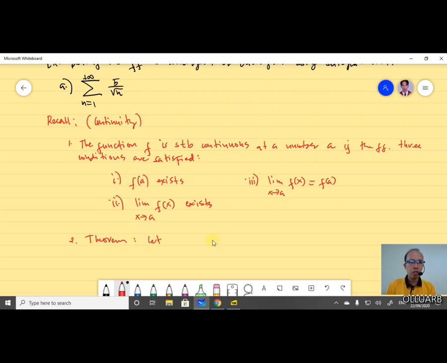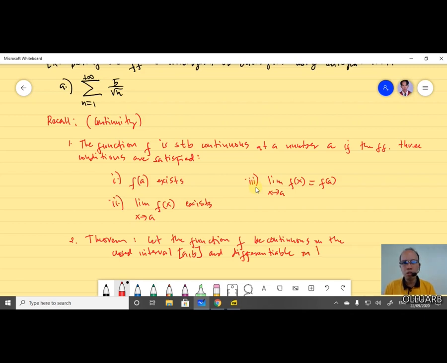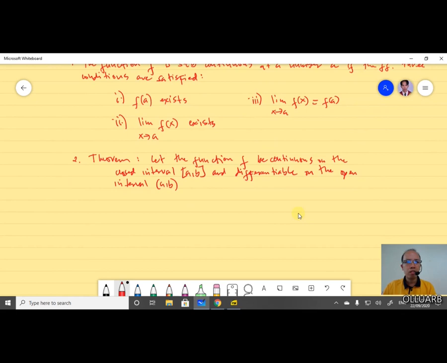Let the function f be continuous on the closed interval [a, b] and differentiable on the open interval (a, b). Then these are the following conclusions.